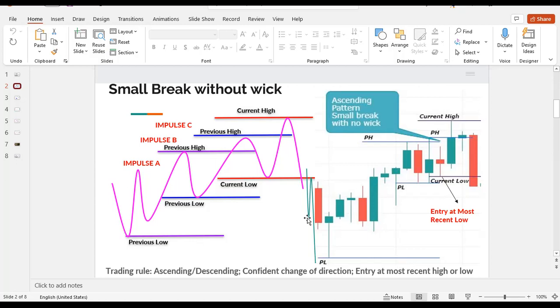So then what do we do when we see these two conditions that have been met perfectly? Then normally we look at the most recent low. Because now the market has changed, is going down, we are looking to sell. And when we are selling, we sell at the most recent lowest point that the market broke. In this case, it is right here.